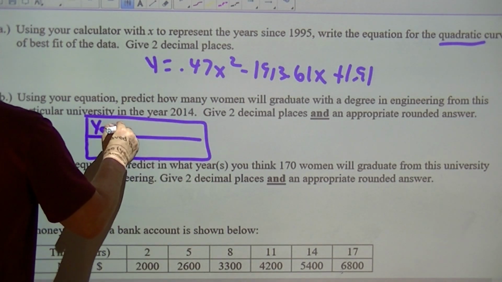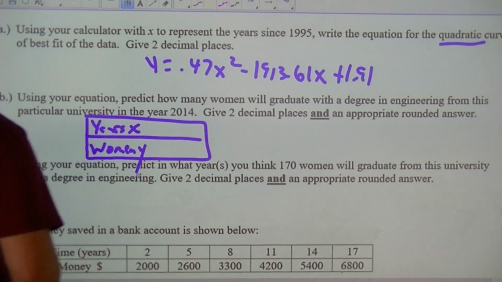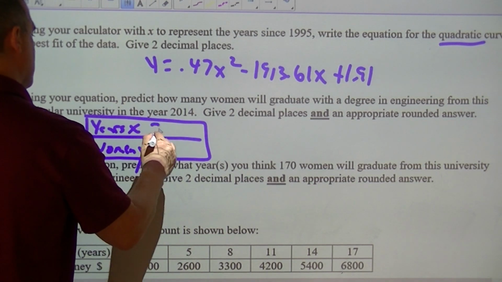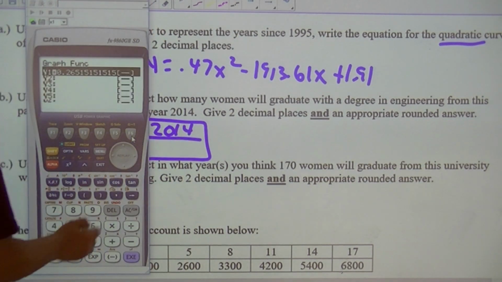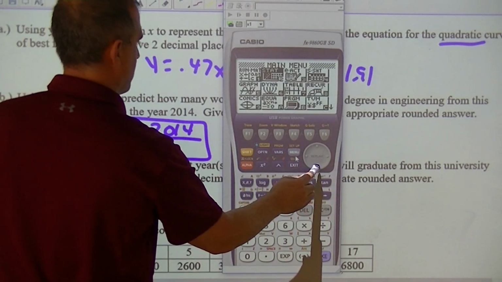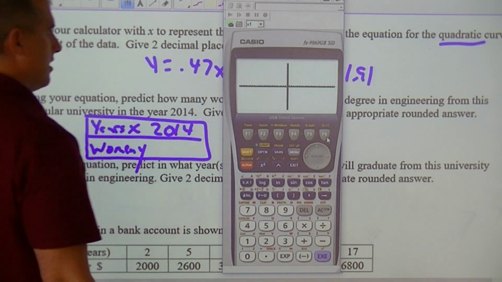Years X, women Y. So it says using your equation predict in the year 2014. So I'm going to do a Y cal for the first one. So copy, execute, menu, graph, select, draw. I see nothing.